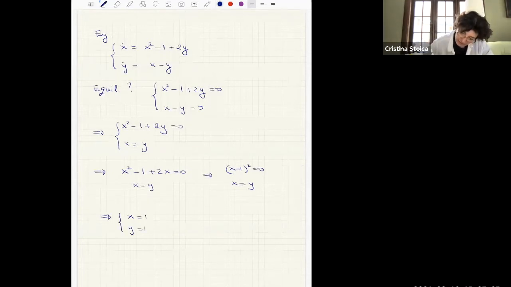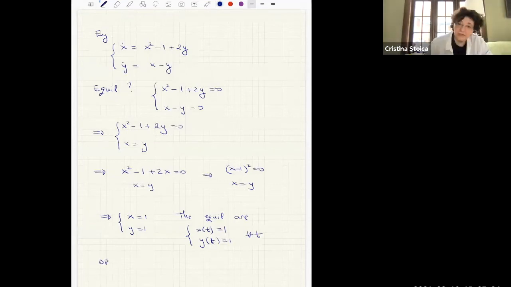So the equilibria are x of t equals 1 and y of t equals 1 for all t.